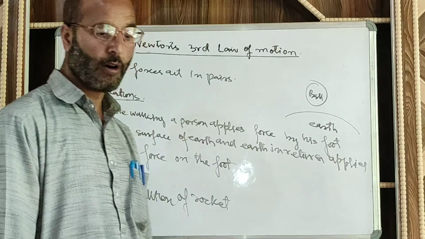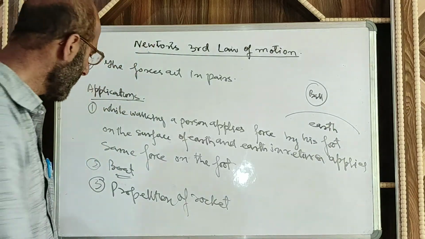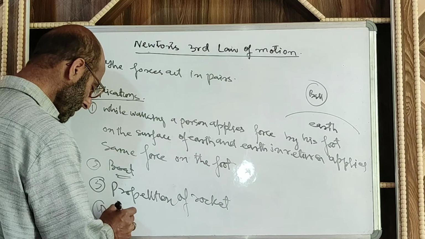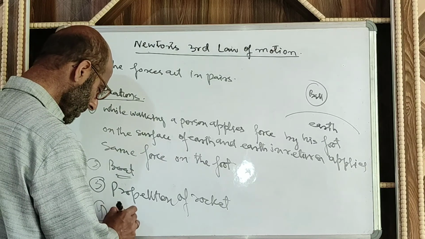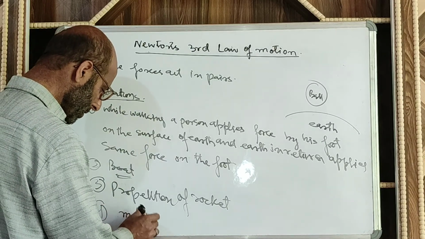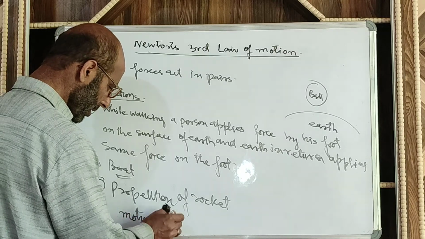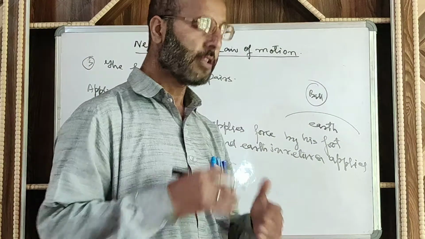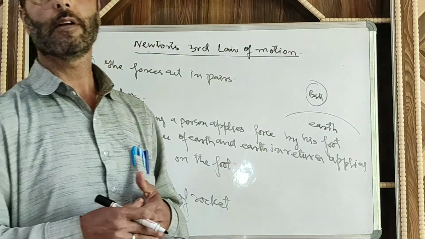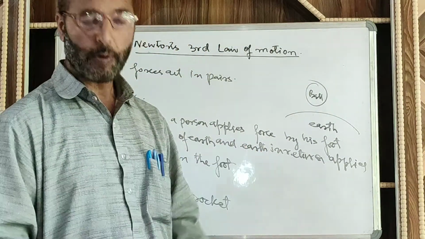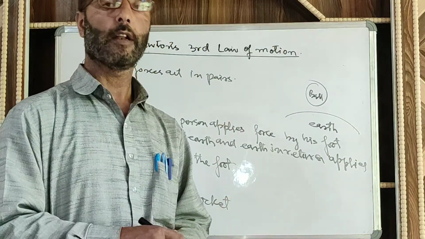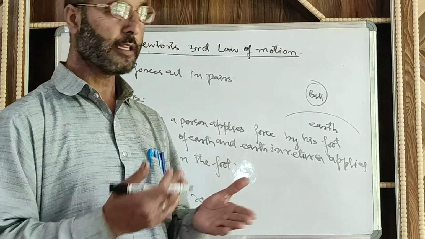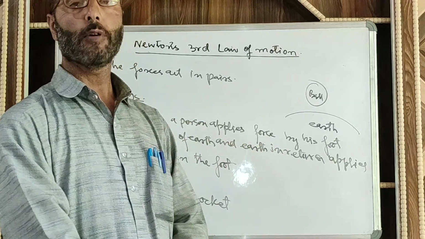The same is the motion of a car. When a car moves on the road, the tires of the car put force on the road, and the road in return puts the same force on the tires, and hence the car is able to move on the road.